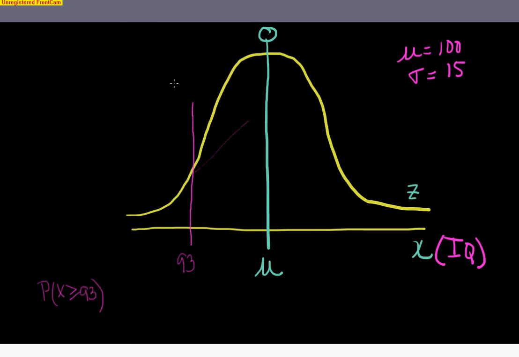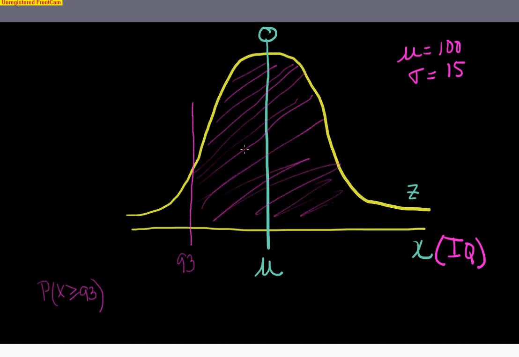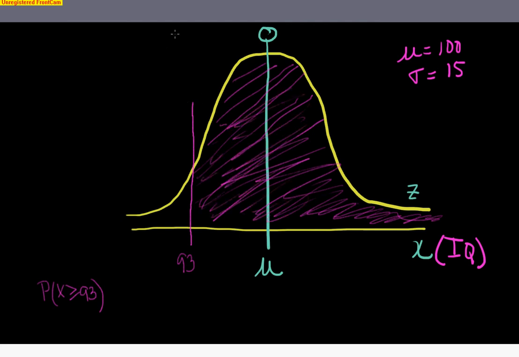The first thing I'm going to do is shade the area that I want, and now we're talking about greater than. So I'm talking about all these people here. What is this space here? What is this probability here? What is this percentage?